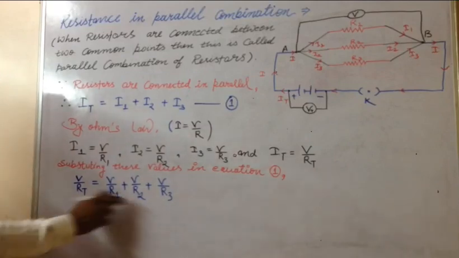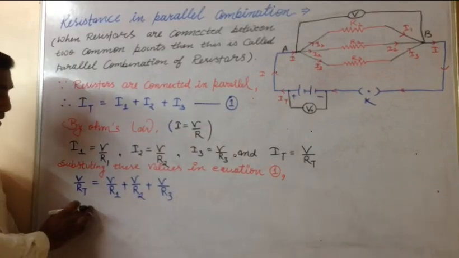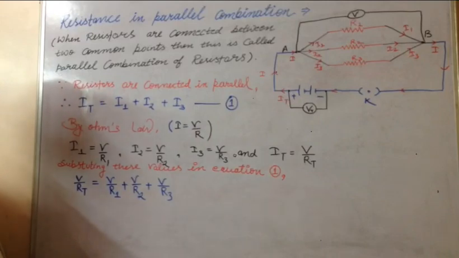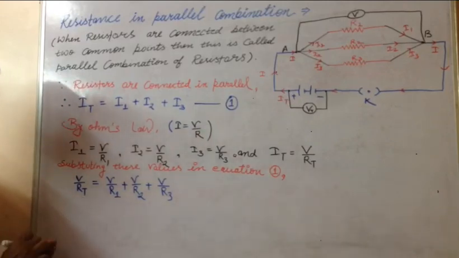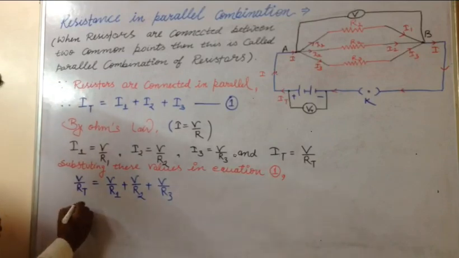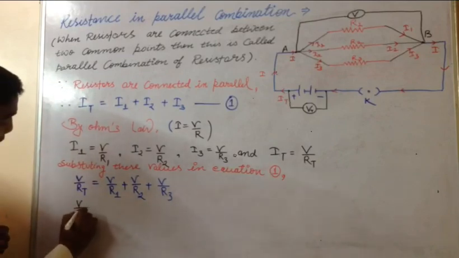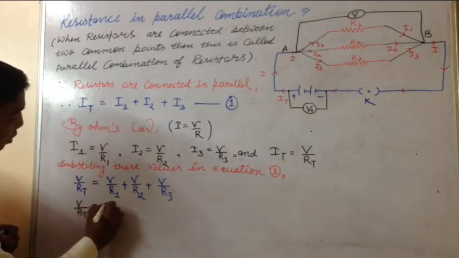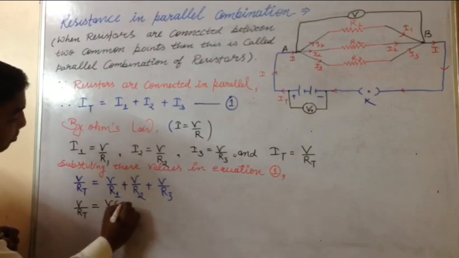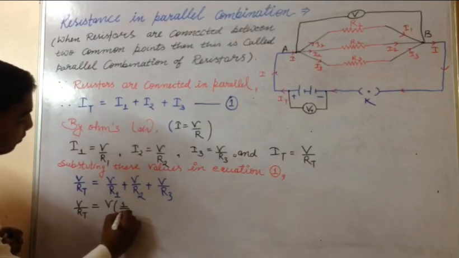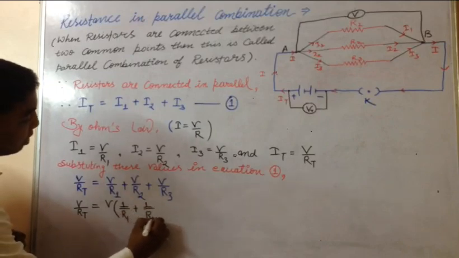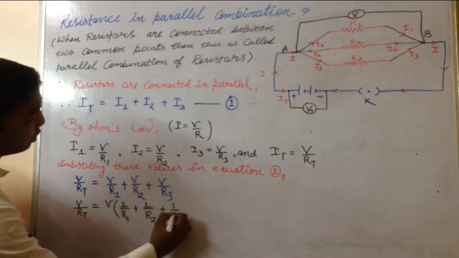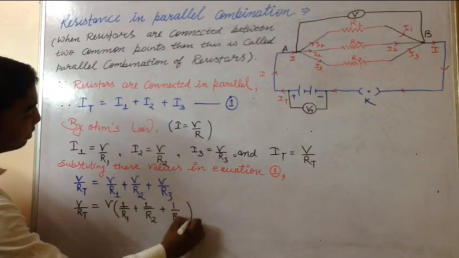Now tell me what is common in the left hand side and right hand side? V. Right. So V upon RT equals V, taking it common, inside it would become 1 upon R1 plus 1 upon R2 plus 1 upon R3.